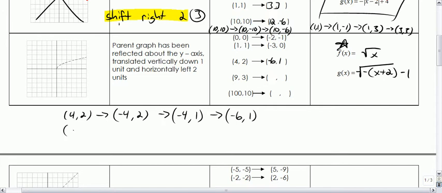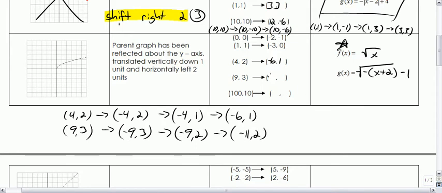So (9, 3), reflect over the y-axis, is (-9, 3). Down 1 is (-9, 2). Left 2, subtract 2 from the x, so (-11, 2). Okay, then you got your (100, 10).